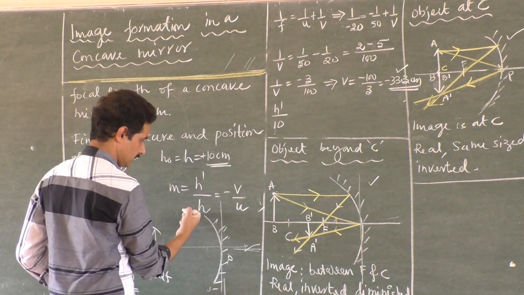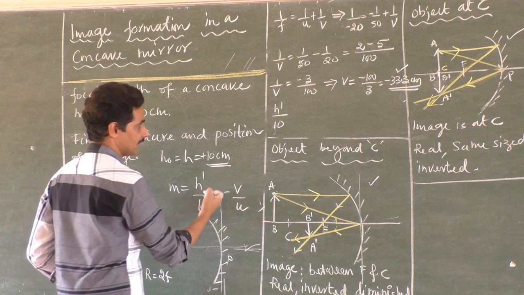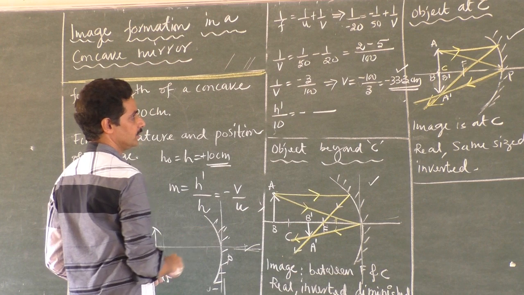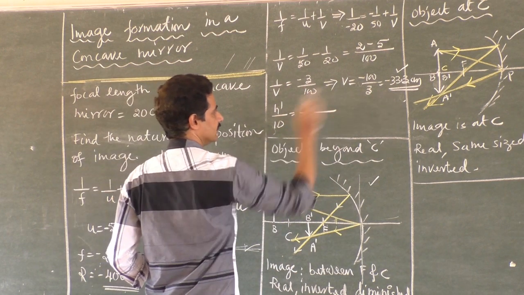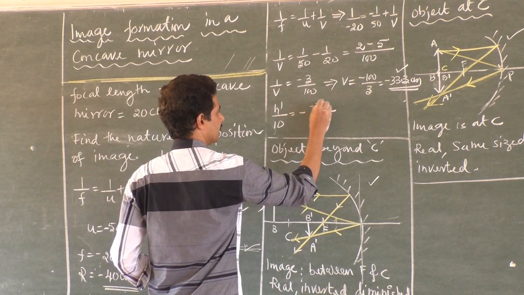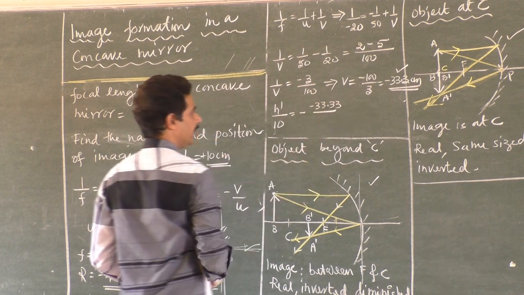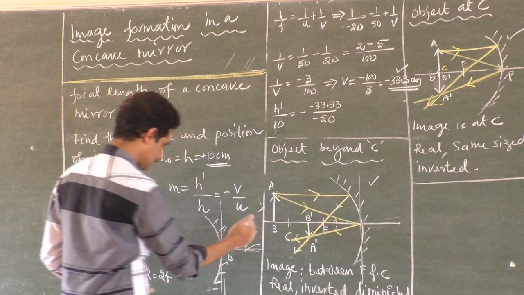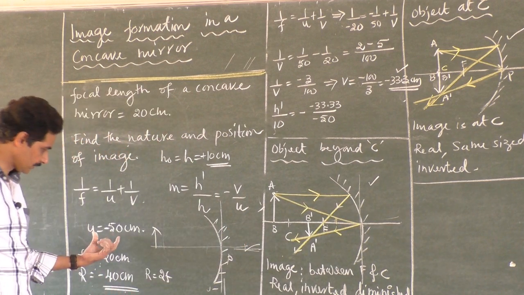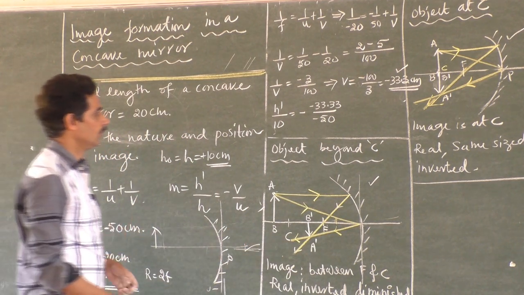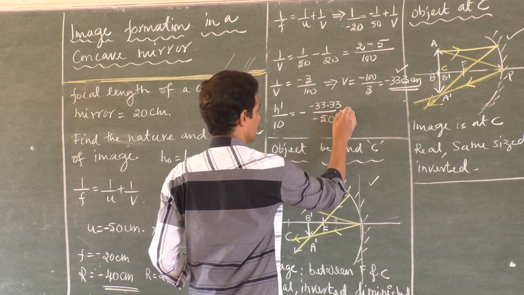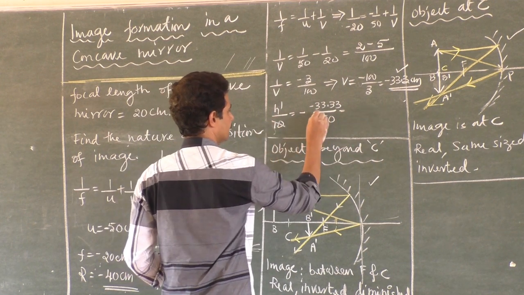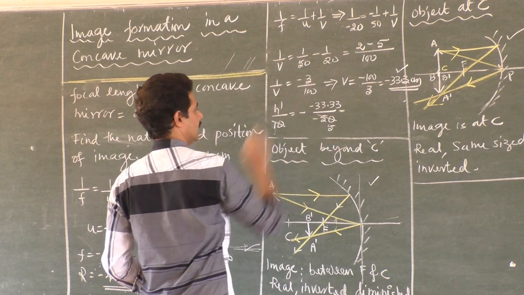H dash by h, height of the image by height of the object, is equal to minus v by u. V is negative, minus 33.33, by u. U is minus 50, on the other side. Last time we have written u as minus 50. So what will be this answer? This 10 will make this 5 times, and now we can divide.